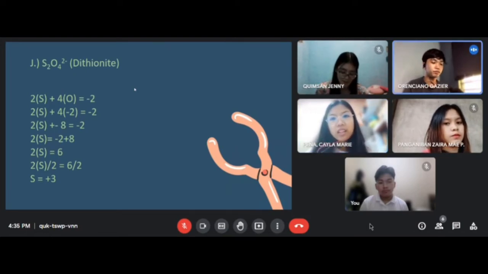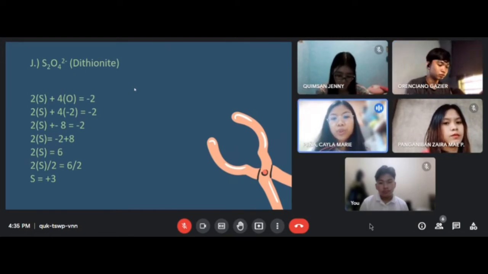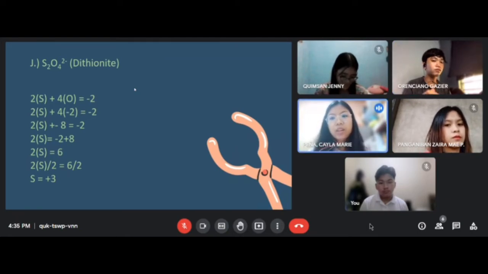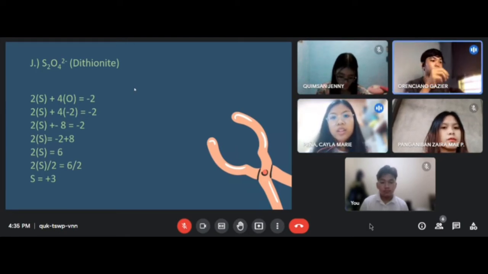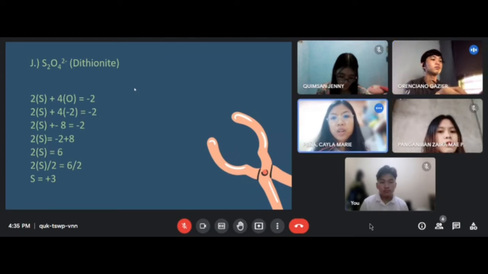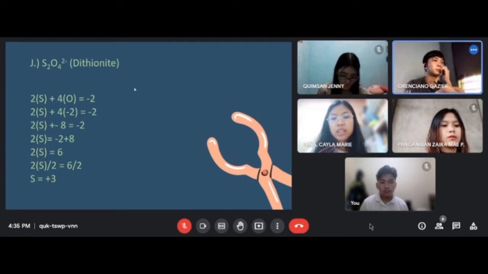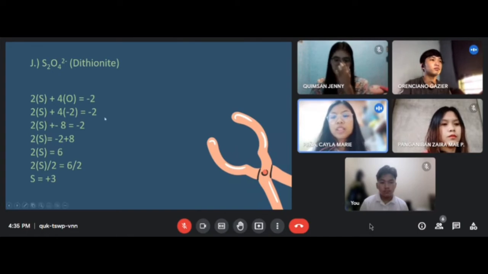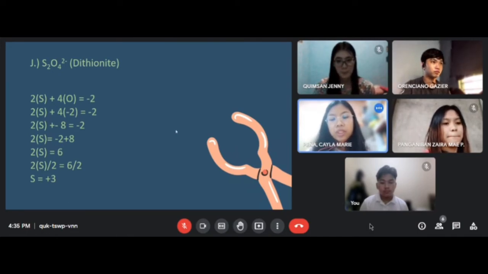Letter J, dithionite, or S2O4 2 negative. Since it's a polyatomic ion, hence the oxidation number must be equal to its ionic charge, which is -2. So 2 atoms of sulfur plus 4 atoms of oxygen is equal to -2. Then substitute lang natin yung oxidation number ni oxygen na -2. 2 times S plus 4 times -2 is equal to -2.